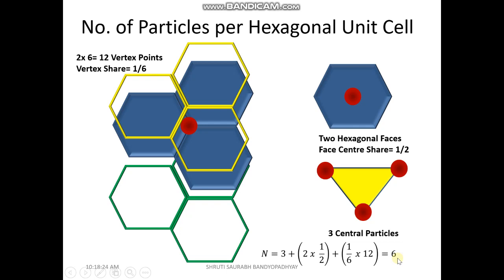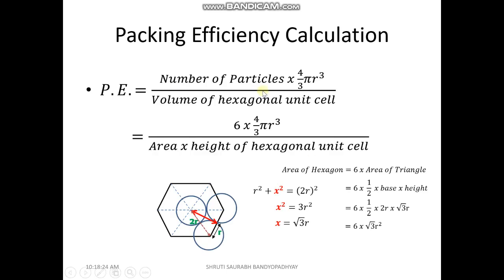Okay. Now what will be the packing efficiency? We know the packing efficiency stands for the number of particles multiplied by 4/3 pi r cube, because they are spherical particles, upon the volume of the hexagonal unit cell. Now, the calculation of this volume is a challenging task.